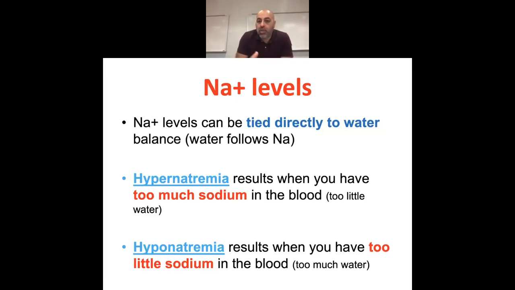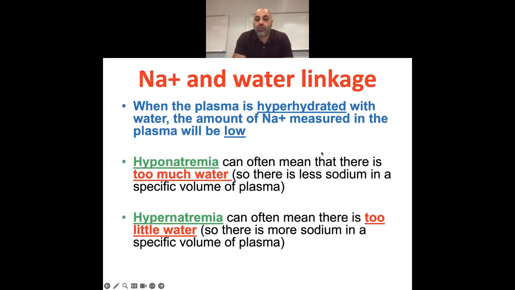It's too much solute to the water ratio. Hyponatremia is the opposite. There's too little salt to the water ratio. Or they're not taking in sodium, or they're losing it for some reason, such as with Lasix. Sometimes they'll be hyponatremic, and so we'll tell them to consume a little more salt, or we give salt tablets. You can't correct salt levels aggressively. If you do, it becomes a problem.